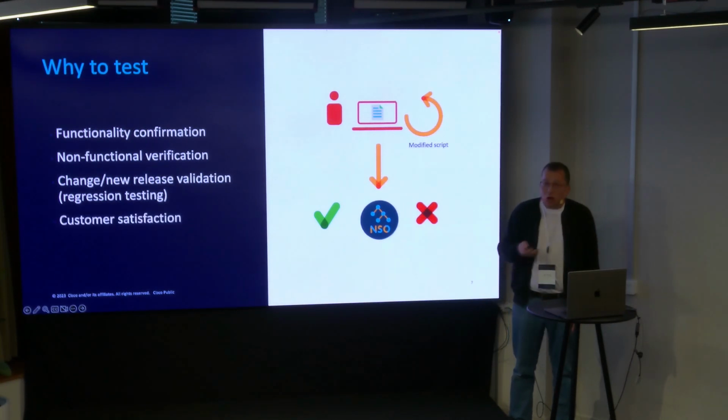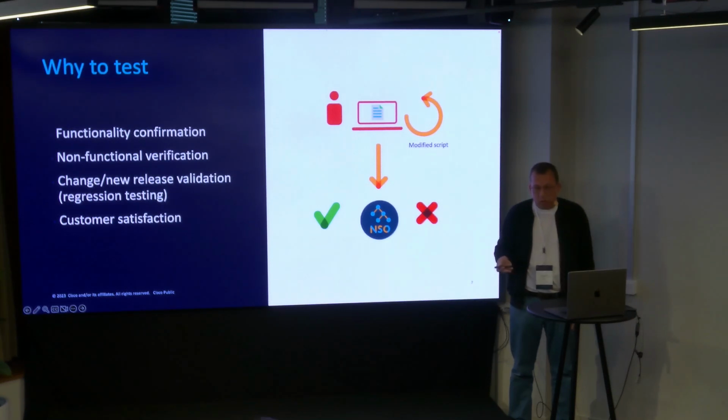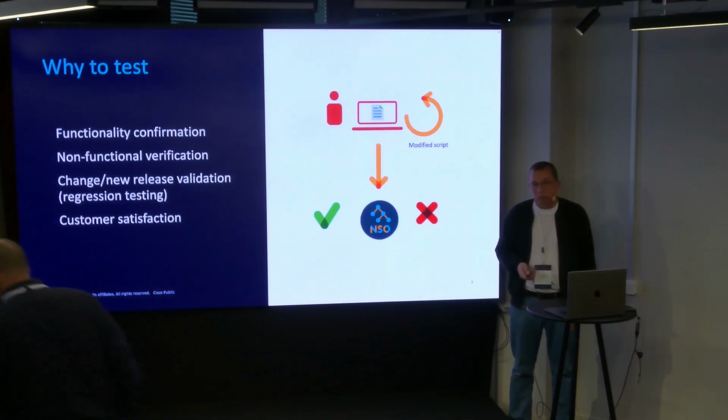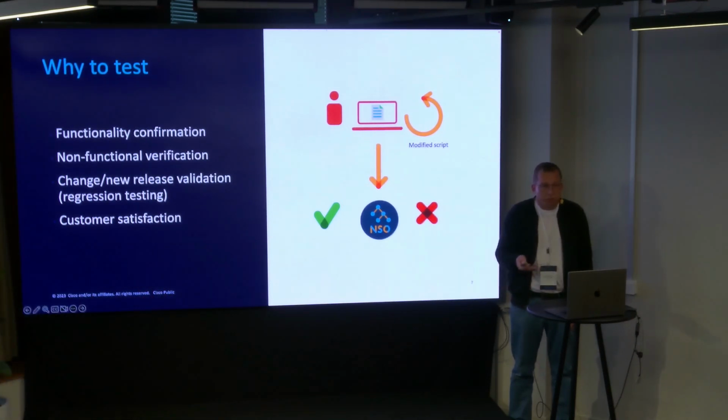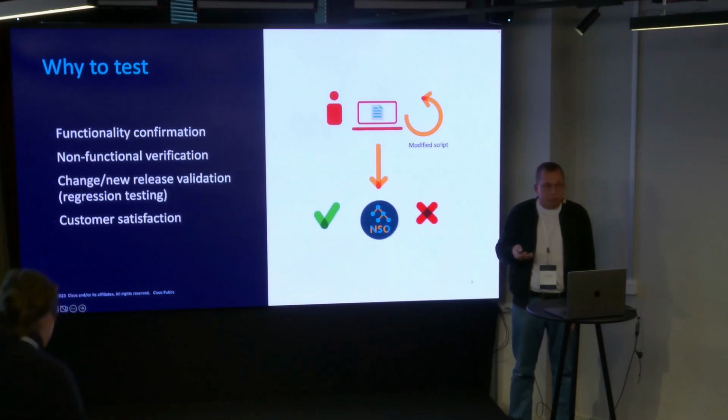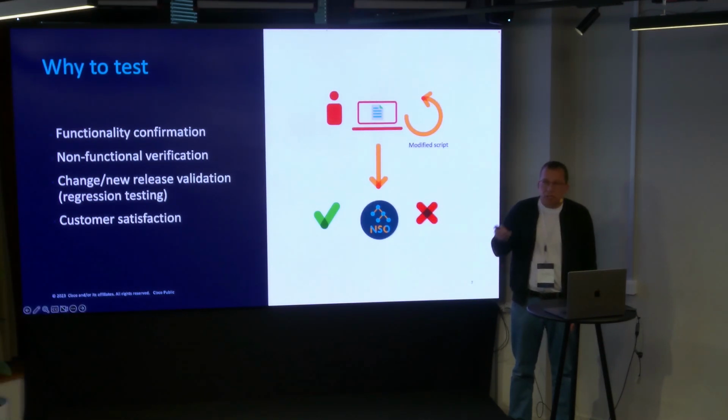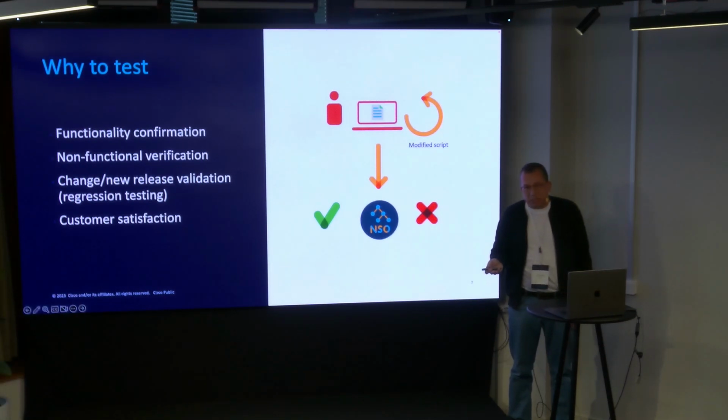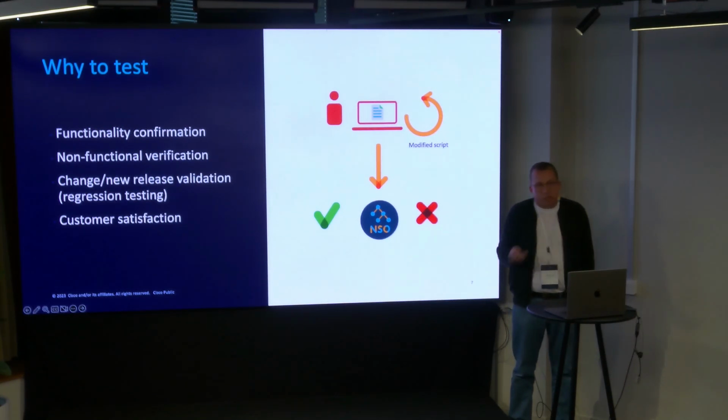Finally, all those three points are getting you to your customer satisfaction, to your ultimate goal, because customer satisfaction is always what drives the business. You can say it's a business factor, it's a CTO requirement, it's new functional requirements, but all those requirements come from your customer satisfaction.